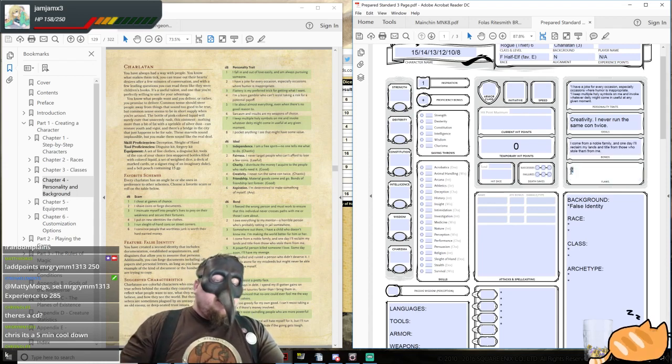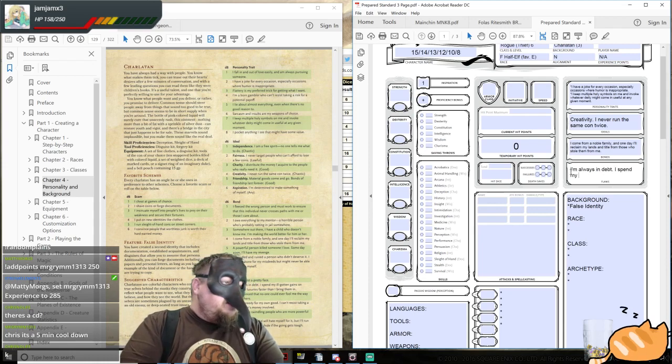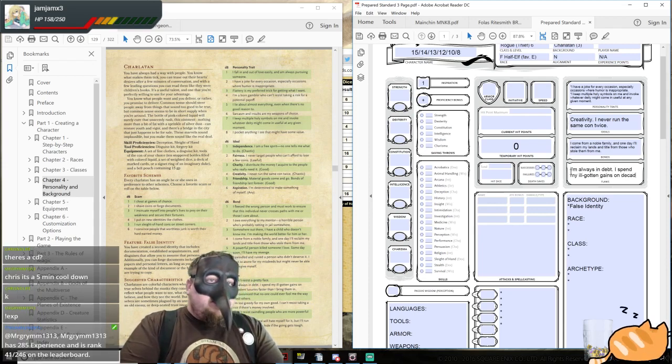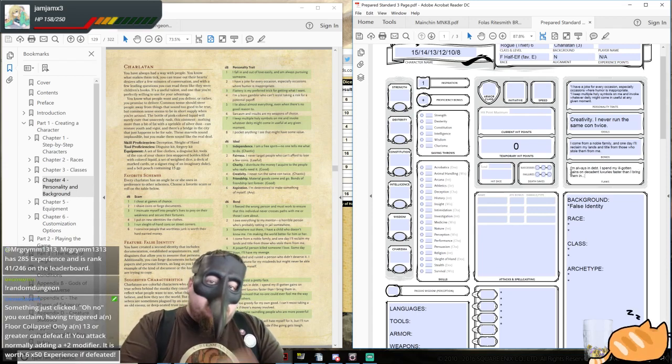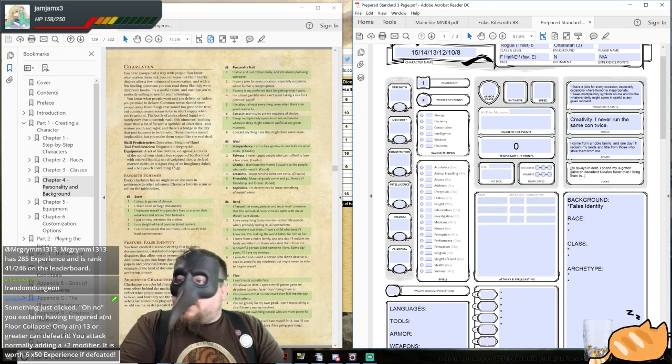And lastly, her flaw, because we're all flawed creatures. 2. I'm always in debt. I spend my ill-gotten gains on decadent luxuries faster than I bring them in. Whoa. But this is good story bait for your DM for this character.